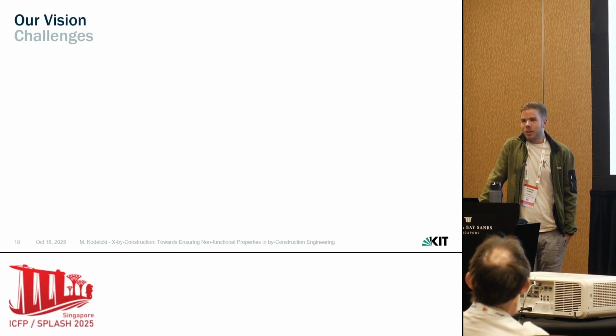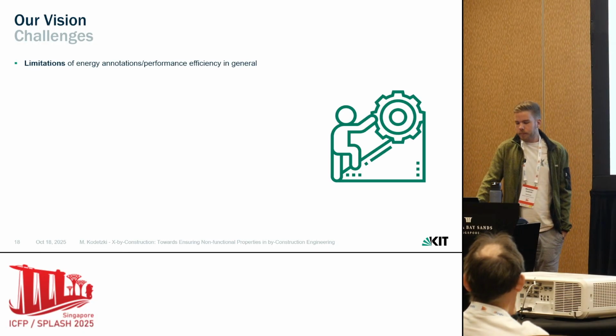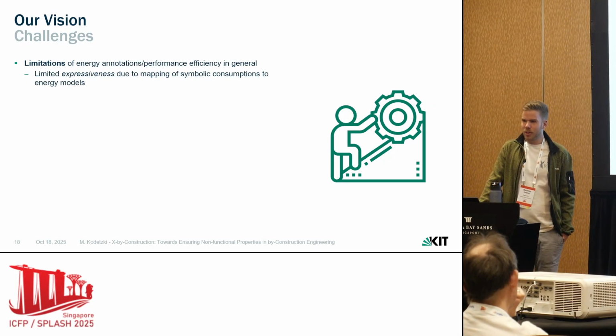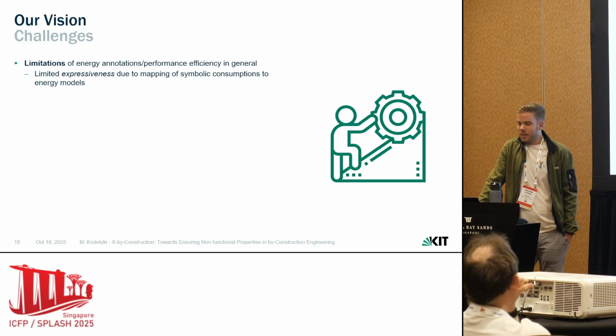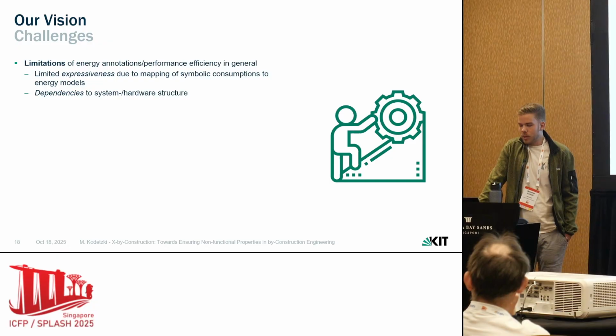I already mentioned some of our challenges and especially limitations of the approach you just saw. So we have that limited expressiveness because of this gap. We saw that just in the keynote this morning, so different abstraction layers might be some approach here. Also, the dependencies to system and hardware that I mentioned earlier.